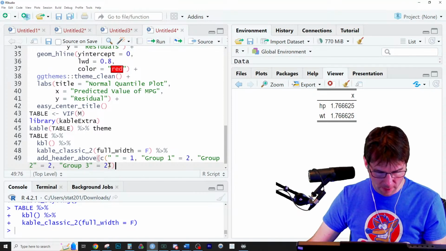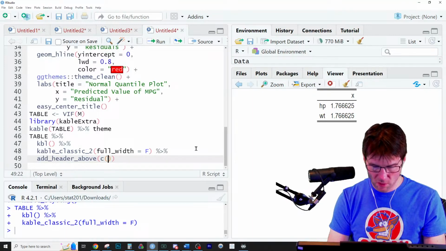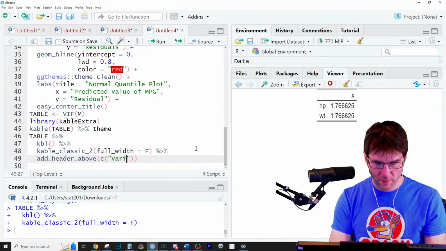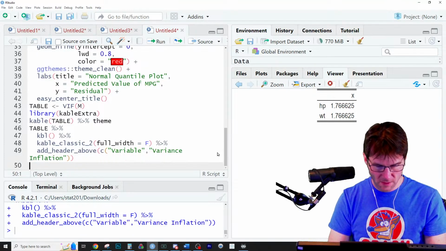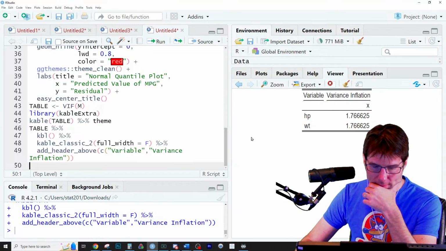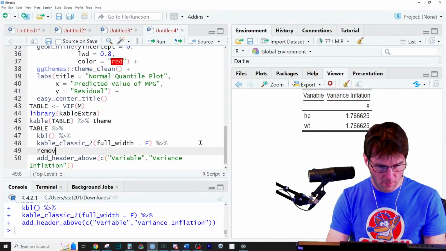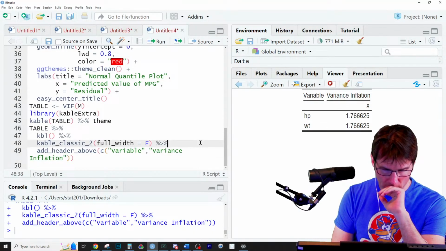I don't want to do that big of a header. So variable and variance inflation. Is it gonna do it? Oh my gosh, we did it. But oh, can it be a remove header? I just want to remove that X.